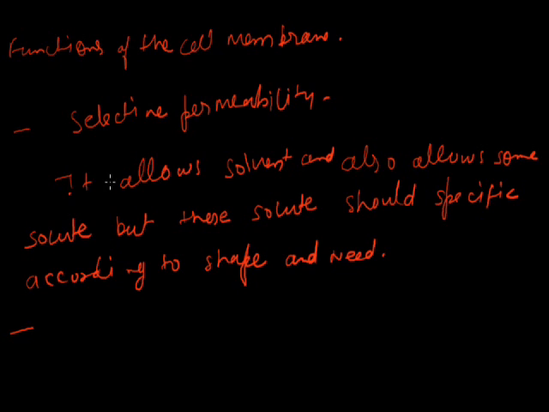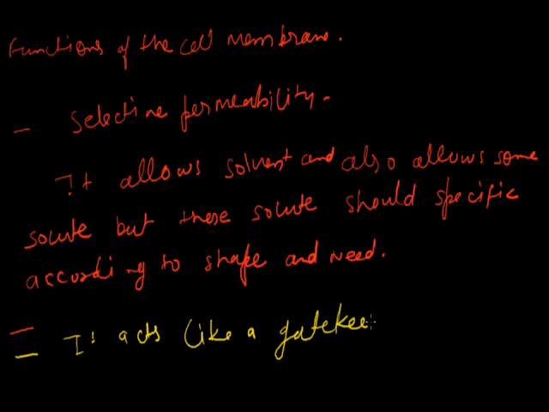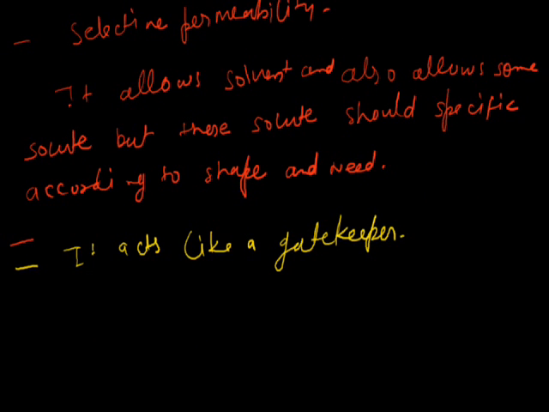We discussed that in the previous lecture, and right now we are dealing with some of the other functions of the cell membrane. There is one more important function. It acts like a gatekeeper. It means the things which are coming inside the cell and the things which are moving outside the cell, all will be checked by the cell membrane.